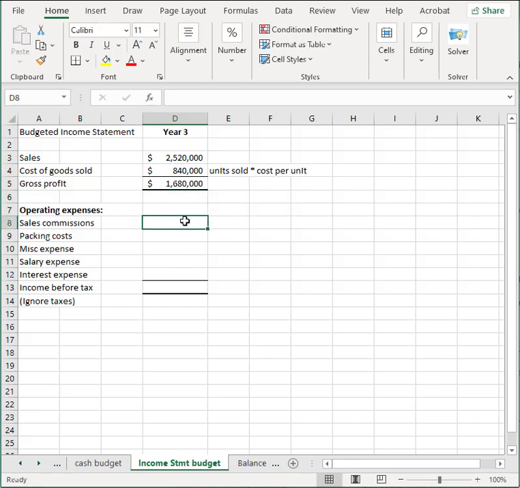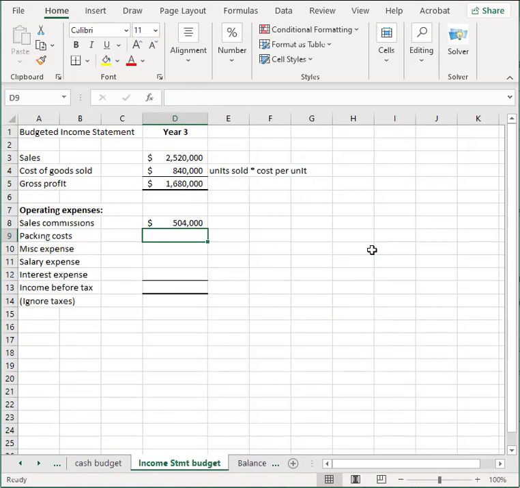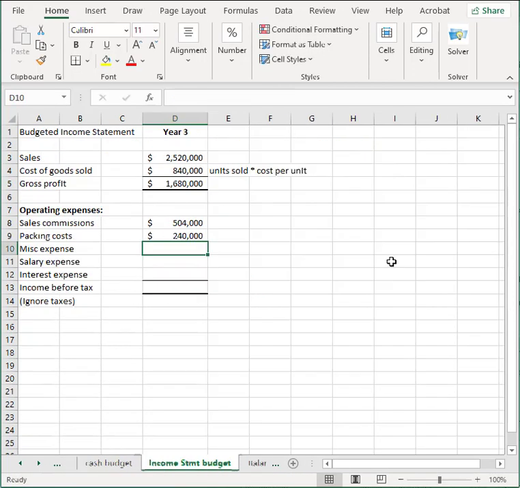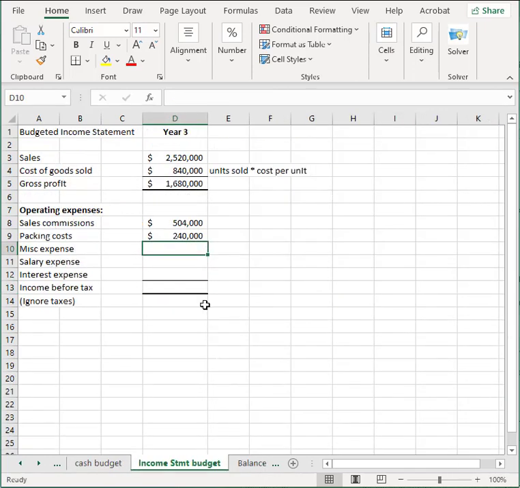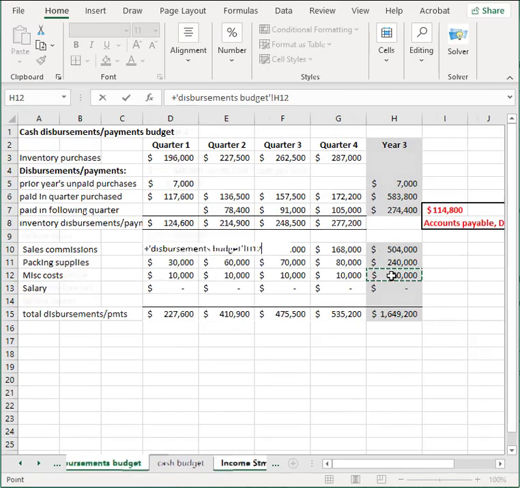Now, sales commission, we can pick that up back on our disbursements for the year. Packing costs, miscellaneous expenses. Whoops, did I not do the budget on that? I didn't do the plus. Okay, that's what happens when you don't do the plus.